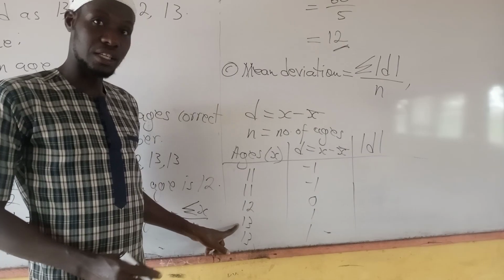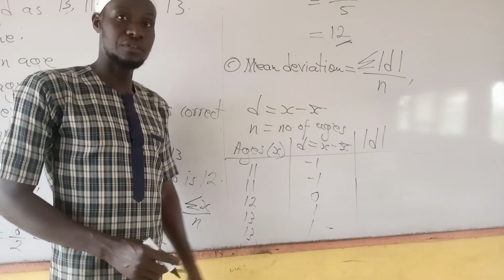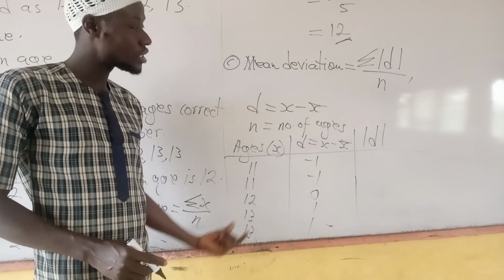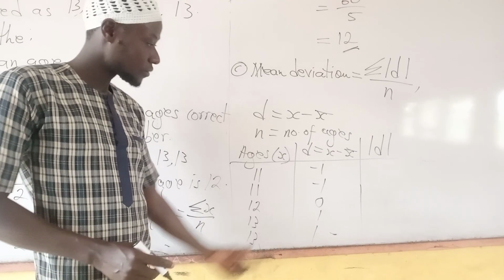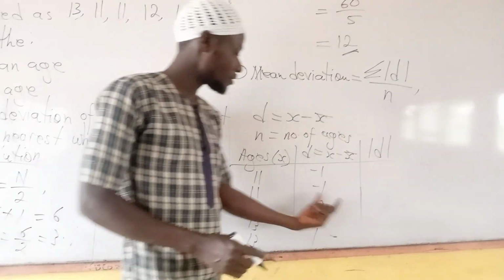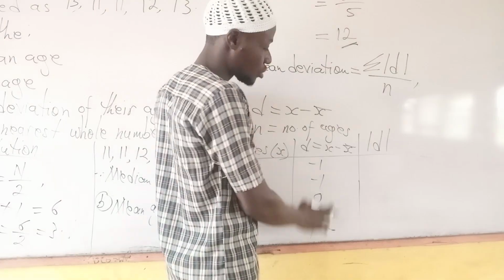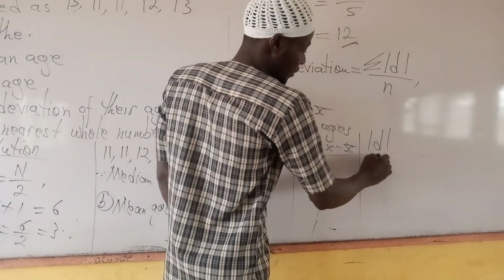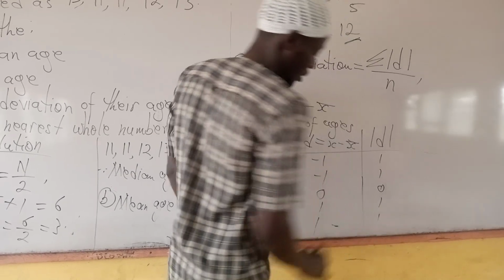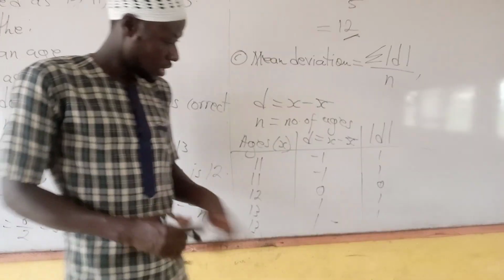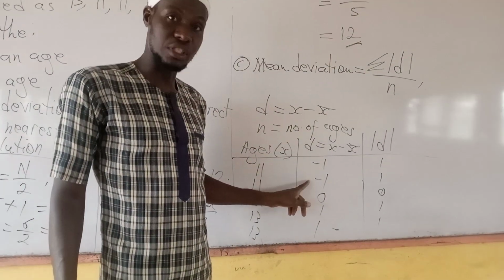That is 13 minus 12, 1, 13 minus 12, 1. So we get our deviation by subtracting the mean from the ages. Then there's absolute. Absolute means taking the positive values of the deviation, meaning the negative ones here will be 1, then 1, 0, 1, 1. These are positive, so they remain positive.